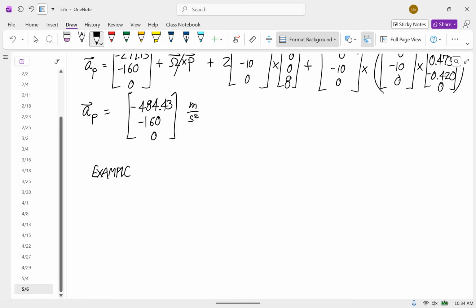We're going to use this rotating coordinate system stuff to figure out what's the error in accelerations measured on the surface of the Earth.